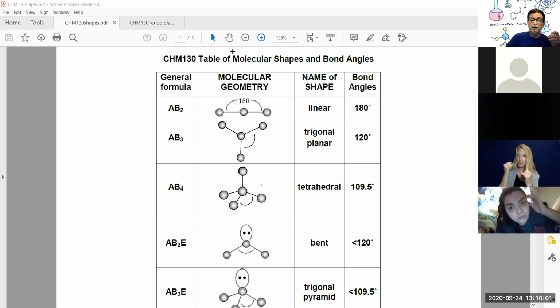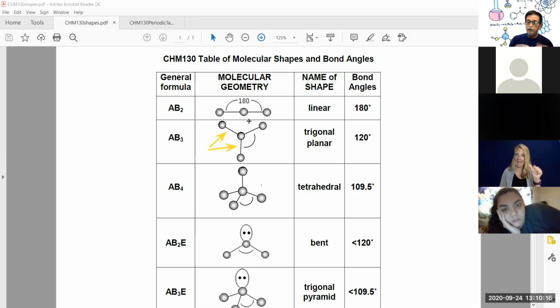So that line is the way we represent a bond, okay? A bond between, in this case, A, whatever A may be, and B.